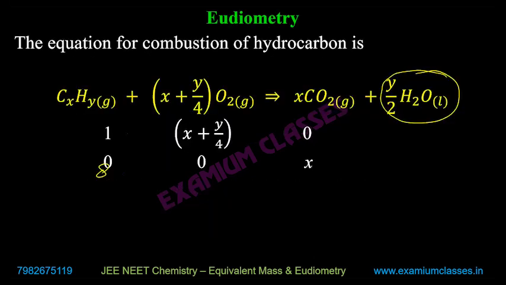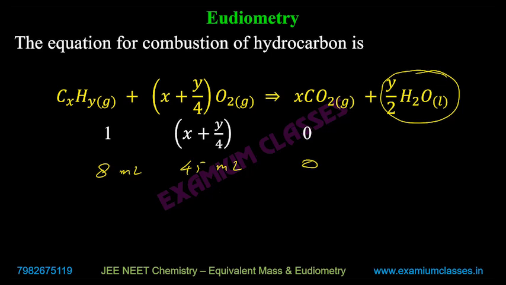So 8 milliliters reacted with 45 milliliters. These were 0 initially. Now 45 milliliters, it means some oxygen remained unreacted, because there was some oxygen which was absorbed by the pyrogallol. It means not completely 45 ml was reacted.